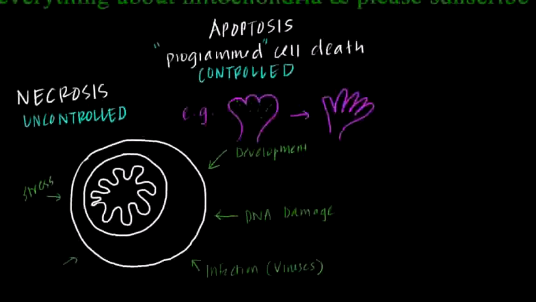Additionally, environmental stress can also induce apoptosis or programmed cell death. So this is anything from the deprivation of oxygen or nutrients to even the deprivation of the cell's connection to other cells. It turns out that in order to continue surviving, the cell needs to get a signal that it's attached or in close proximity to other cells around it. And so if these cell-to-cell connections are somehow disrupted, it could signal the cell to undergo apoptosis.